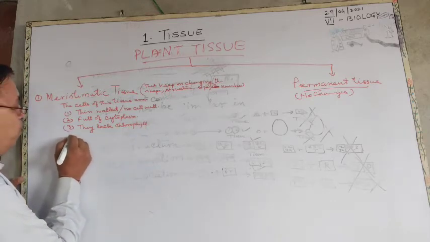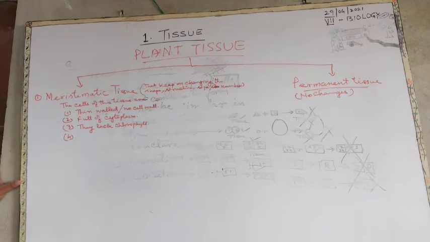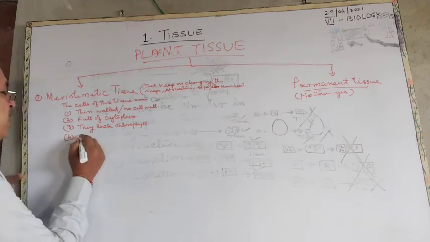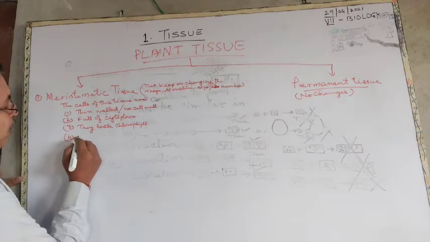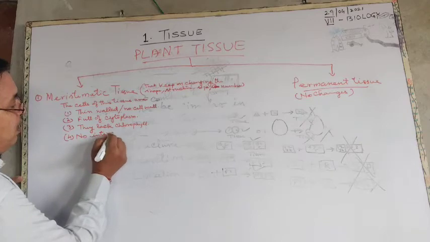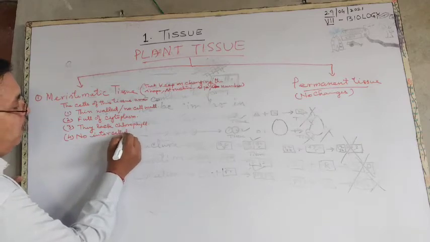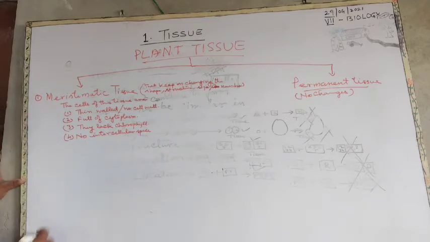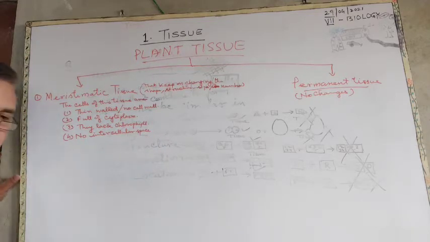The fourth feature of such cells is that intercellular spaces are least or lacking. No intercellular spaces. They don't have enough intercellular space, right?